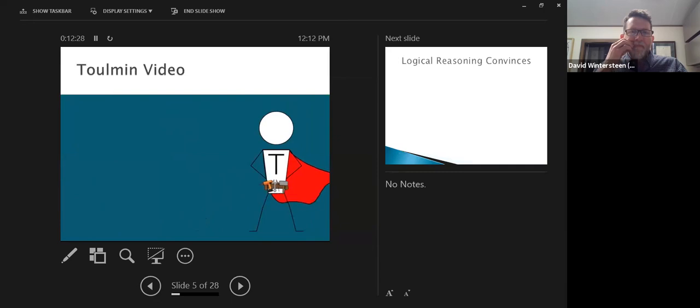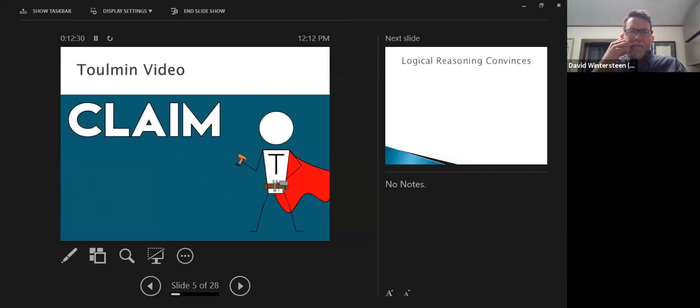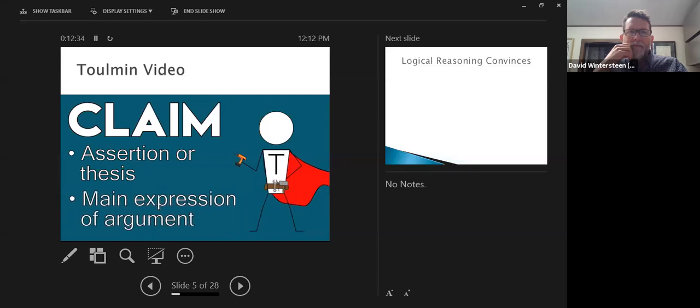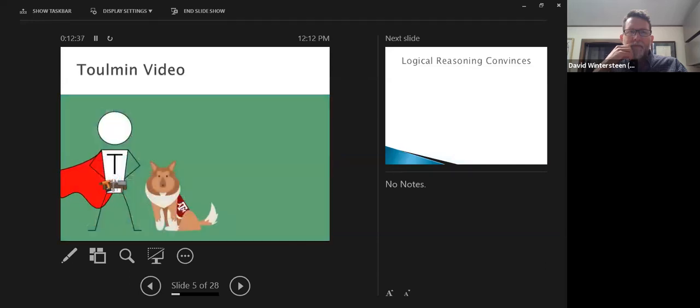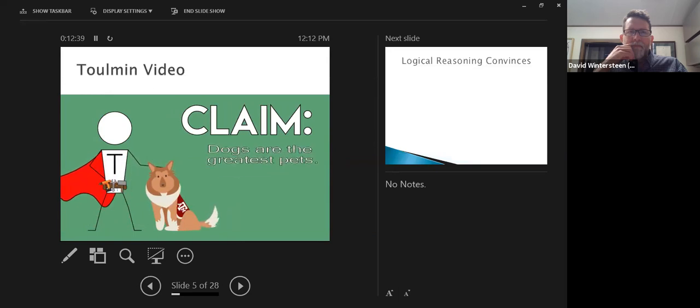Let's start with the primary tool, the claim. This is the assertion or thesis that the writer proposes, serving as the main expression of the argument. An example of a claim would be, dogs are the greatest pets. While the justification is not yet included, you can clearly see the writer's viewpoint that will direct the argument.